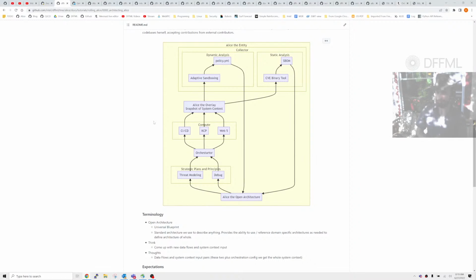Generally, we'll have this policy piece which says, how do we accept CVEs?